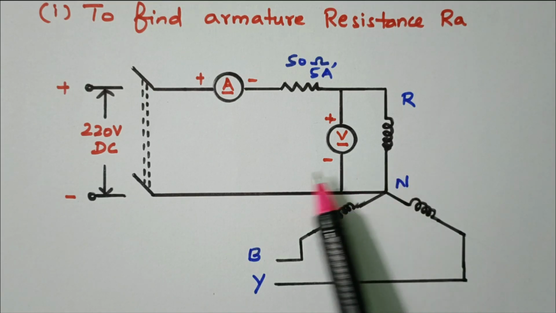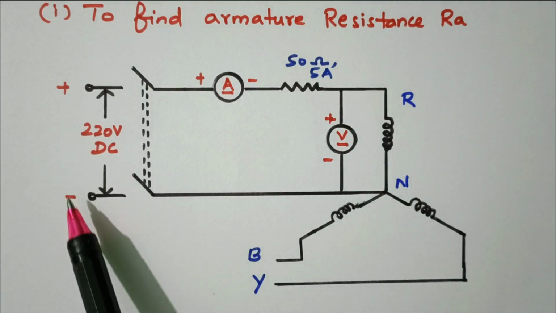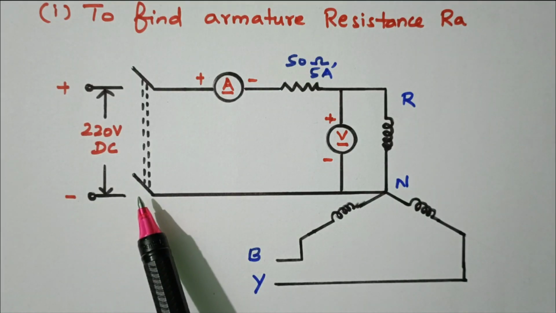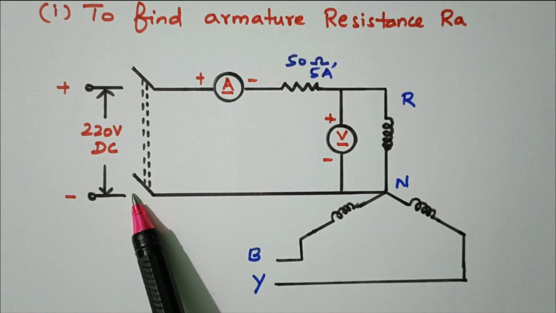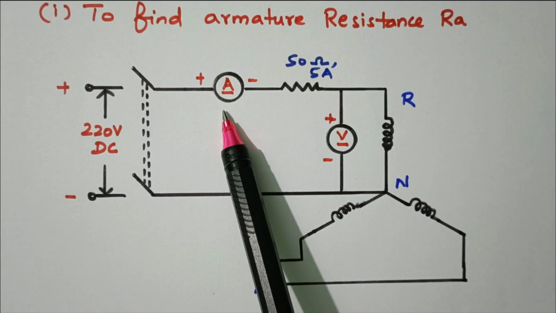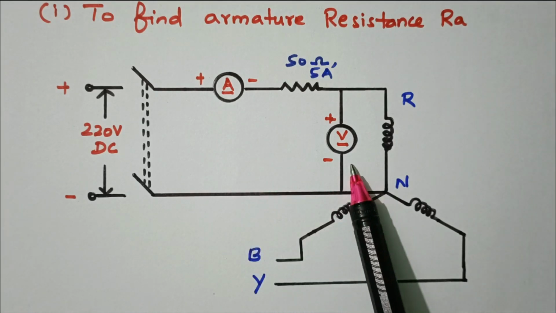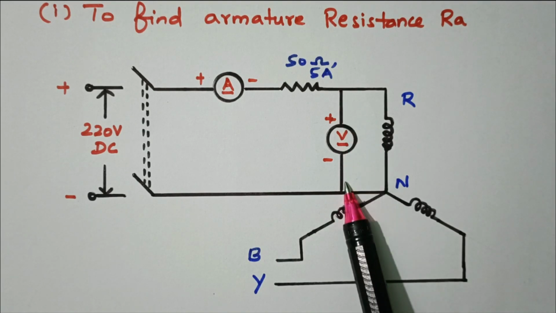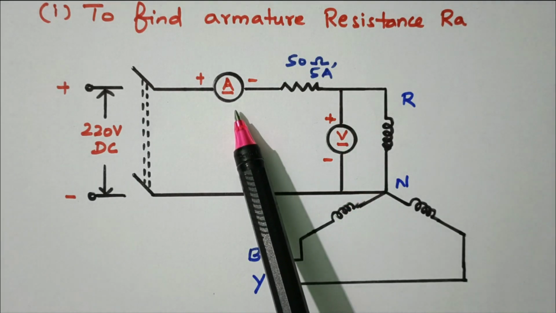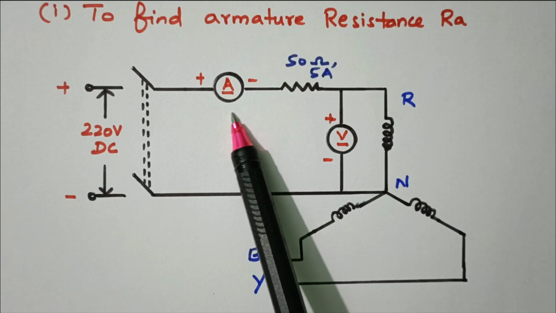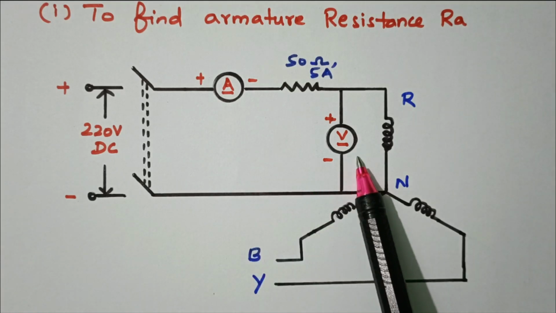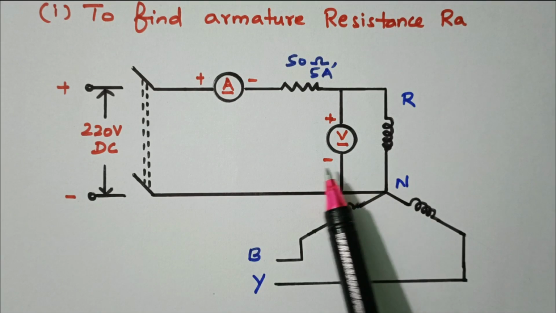This R phase is connected with a 220 volt DC supply through a single pole double throw switch. It is connected in series with the ammeter in order to measure the current flow. Similarly the voltmeter is connected across the armature. This ammeter will measure the current IA, and this voltmeter will measure the voltage VA.